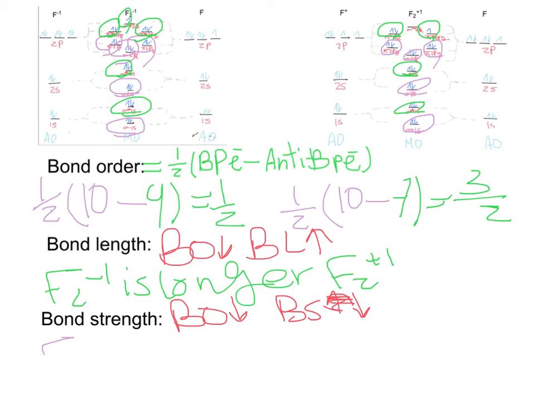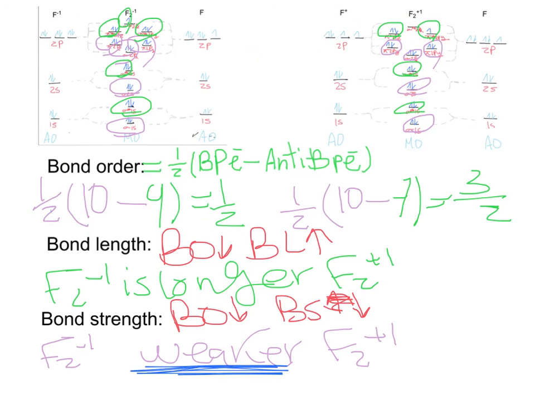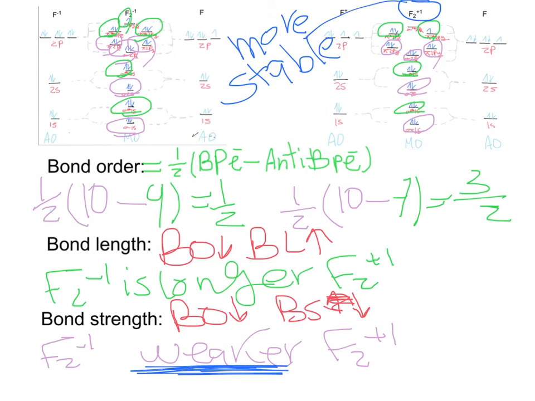So that means the F2-1 bond is weaker than the F2+1. That means the F2+1 is more stable than the F2-1. They both exist, but F2+1 is more stable.